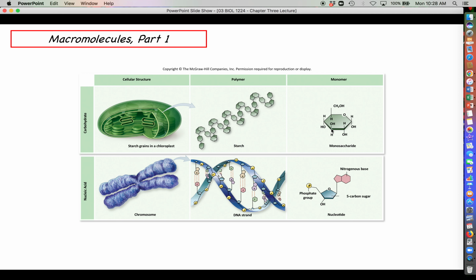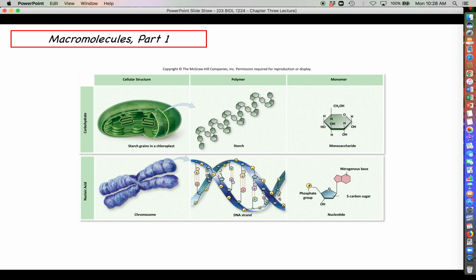The monosaccharide is the monomer used to build the carbohydrate polymer. That is different from a nucleic acid. A nucleic acid is a polymer built by attaching individual nucleotides together. A nucleotide is the monomer for building nucleic acid polymers, like this DNA that you see here.